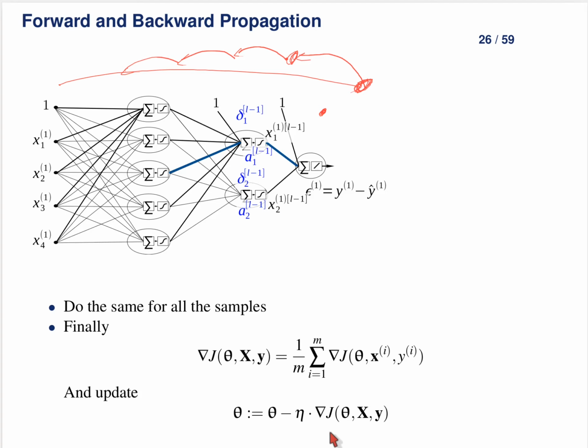So let's recap what we have done. We have used backpropagation just to compute the derivatives with respect to all the parameters. These derivatives form our gradient, which we then use to update our parameter vector in the algorithm called gradient descent.